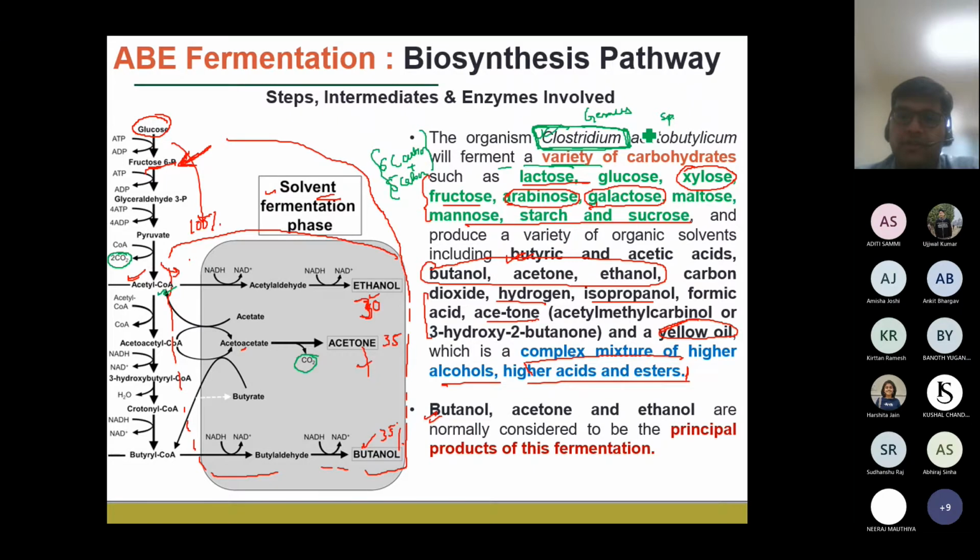But there are some particular species, like in the case of acetobutylicum, in which we get very high productivity of acetone and butanol compared to the other species of the same genus. Okay, so that is why this particular organism is being highlighted, because it is, for example, also being used on an industrial scale for the production of acetone butanol.